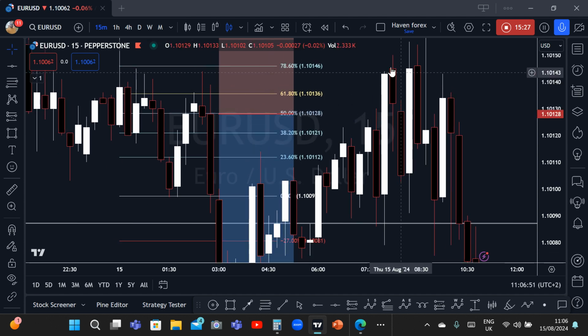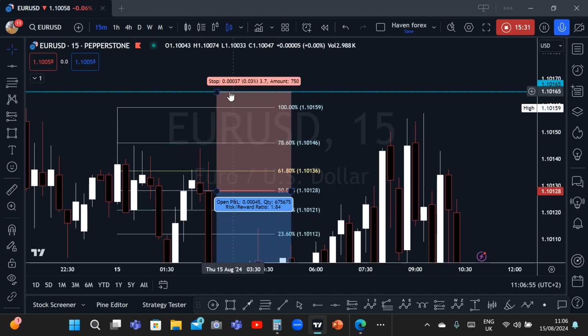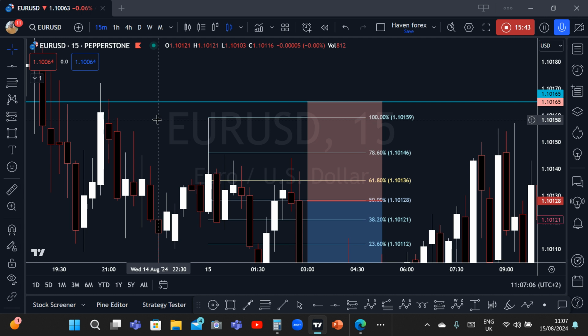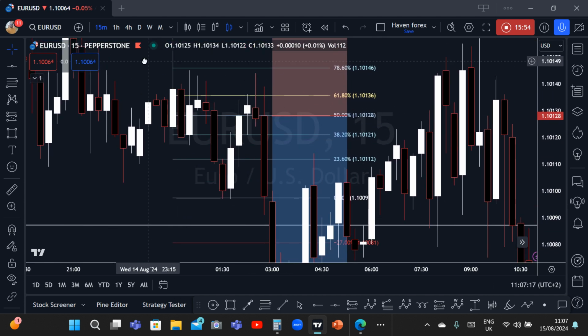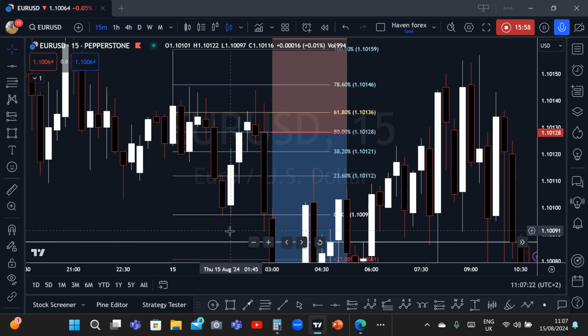Now, what you have just done is you have just used this plot. If I ask now, what is your stop loss? Just 3.7 pips. But where is it? Above this structure. This very one here is above this very structure, because this is a strong high. Why is it a strong high? It's a strong high because it broke this structure down.